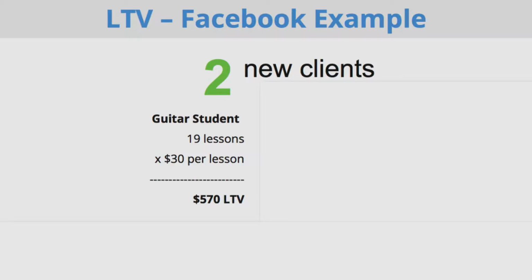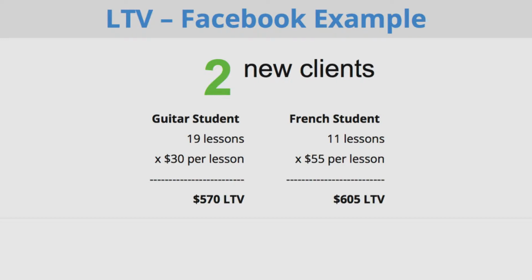Using this, we can calculate the student's LTV. You simply multiply 19 total sessions taken by $30 a session, and that equals $570. That's the student's LTV. The second student signed up for French.